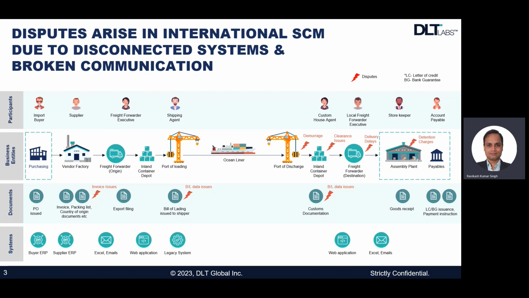As we can see, there are various touch points where, because of the generation and regeneration of this information, either manually or through system, there are issues which are being raised by the importing organization or the importer's custom house agent for the various issues of either the invoices or bill of lading data or the clearance issues.